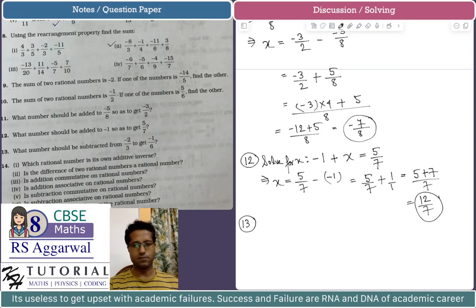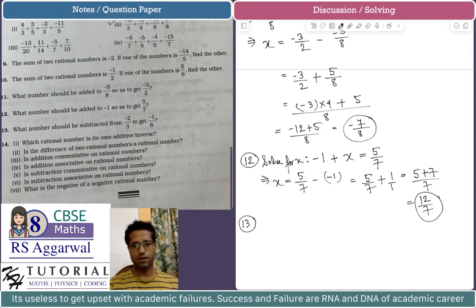Okay, 13. What number should be subtracted from minus 2 by 3, let that number be x, to get minus 1 by 6? Okay.